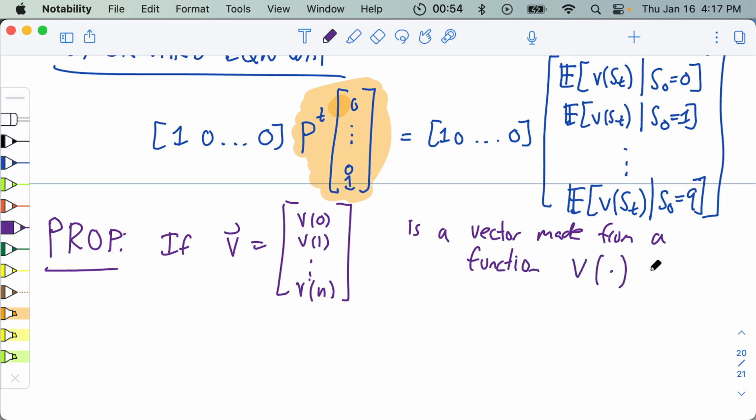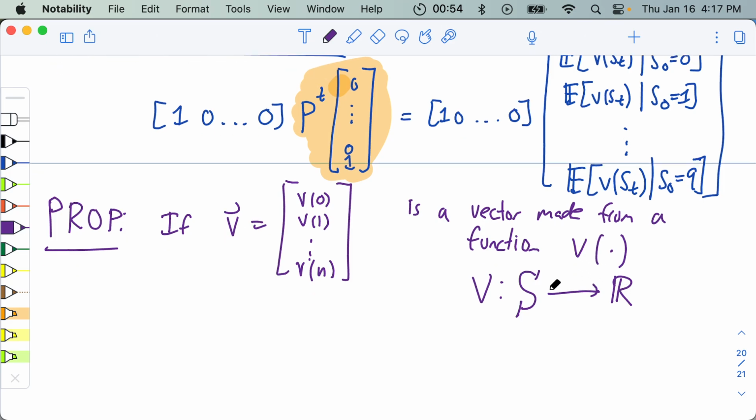So there's a function that inputs states in our Markov chain and outputs numbers. If you were very fancy, you'd write it like this: v from the set of states script S to the reals R.